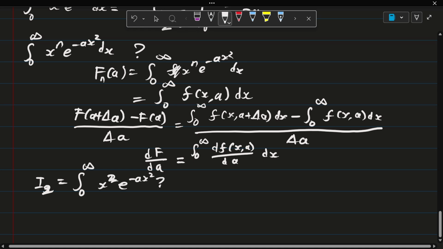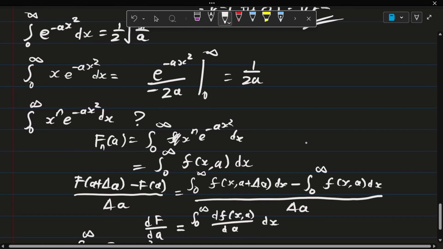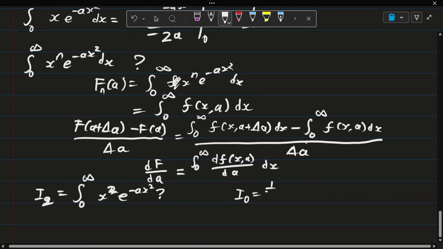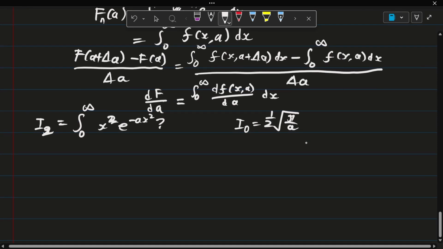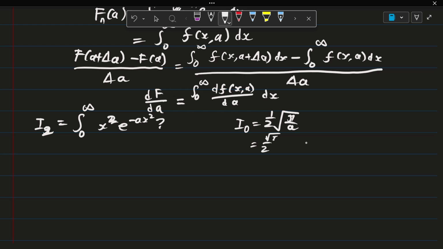So if we try to refer this from I0, whose value is 1/2 the square root of pi over a, if we take the derivative, this would be 1 over 2, square root pi is still at the top, and then the square root of a at the bottom will become this. So it's negative 1 over 4a times the square root of pi over a. Wait, is that correct? It looks like it's correct.